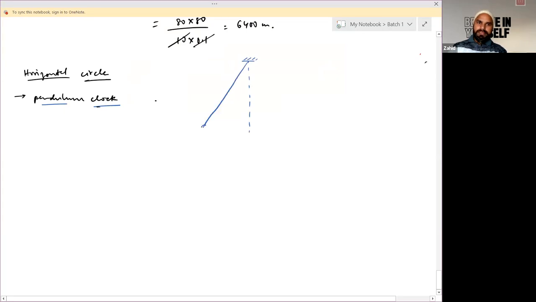A bob of mass m is connected with this string, so that it will be allowed to move along this circular path like this at fixed inclination with vertical, that is theta. So this physical body is termed as conical pendulum.